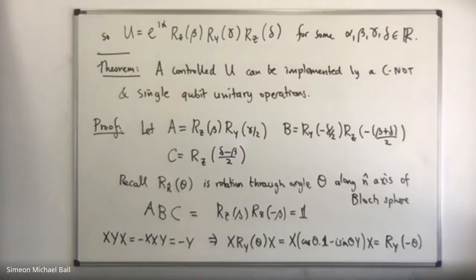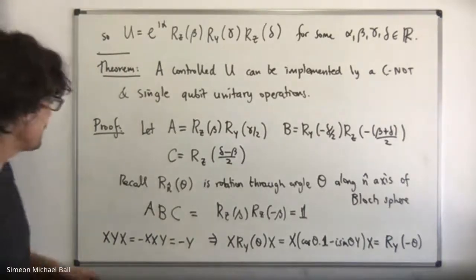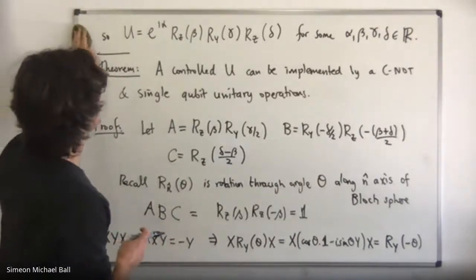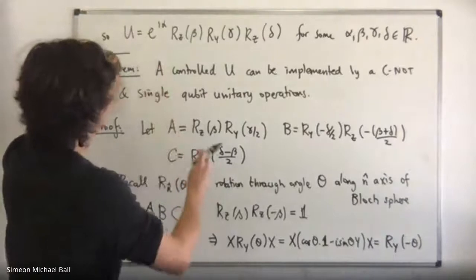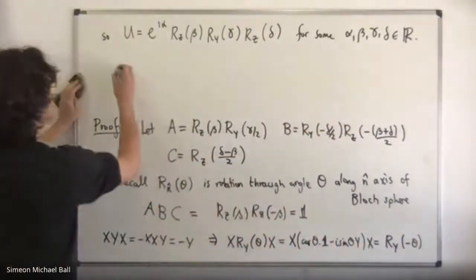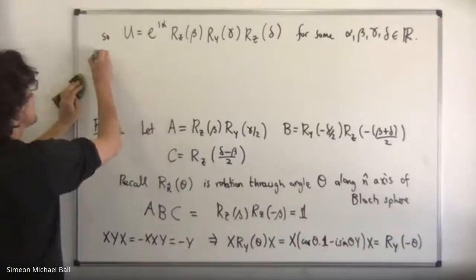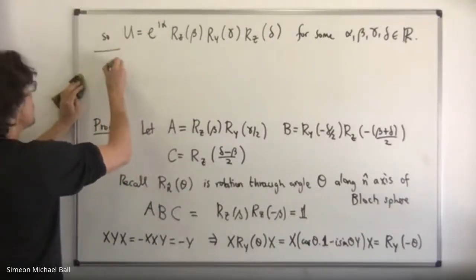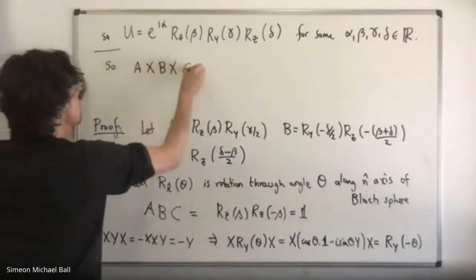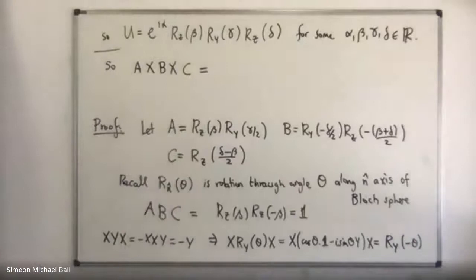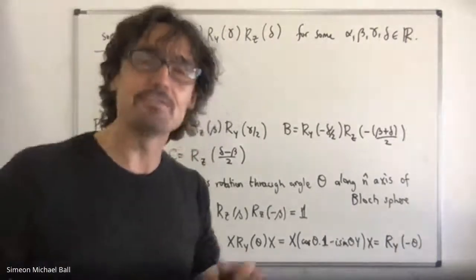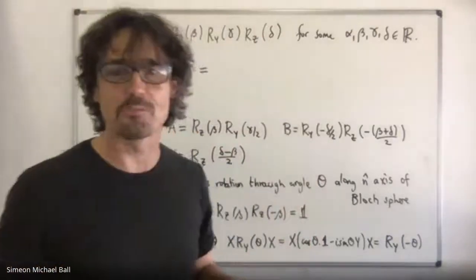So then, and now for the big thing, what happens if we stick x's in here? So let's do that. Let's leave that up. I'm going to go off the theorem because we know what we're trying to prove. And let's calculate. So A, X, B, X, C. You can't see it, but Adrian's face just dropped.